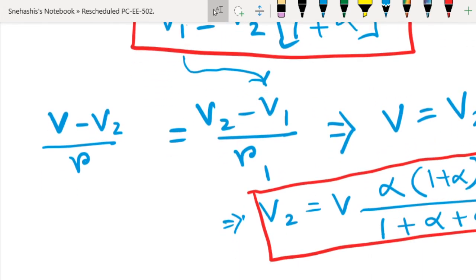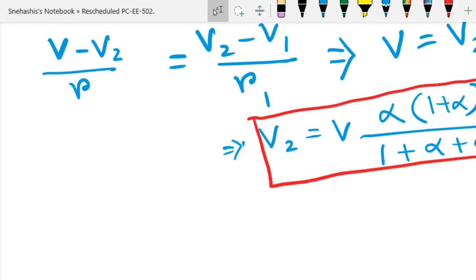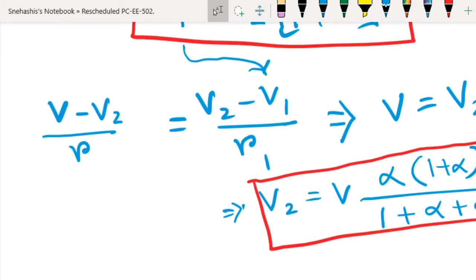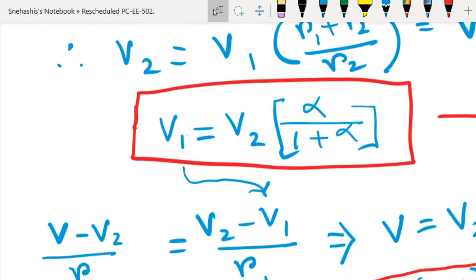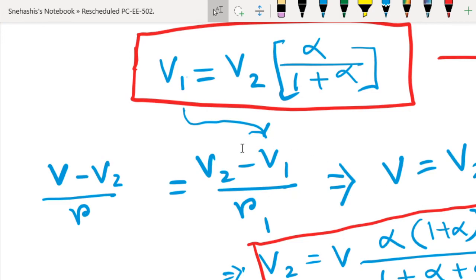Now we have obtained v1 and v2. We have obtained v1 in expression A, and in expression B we got two substitutions.